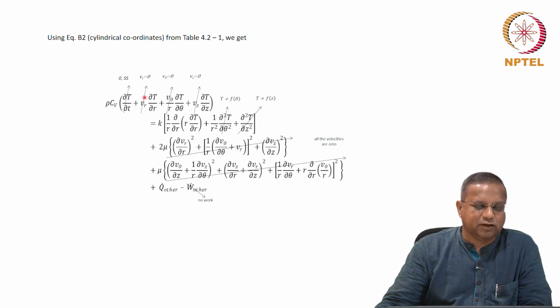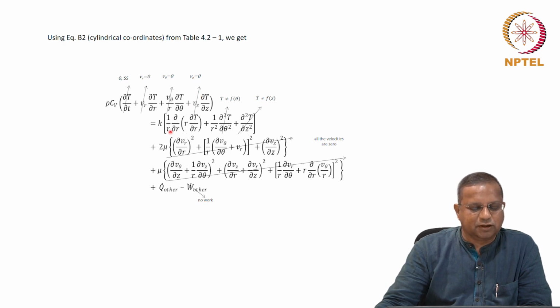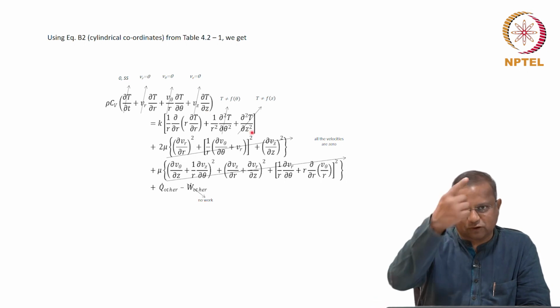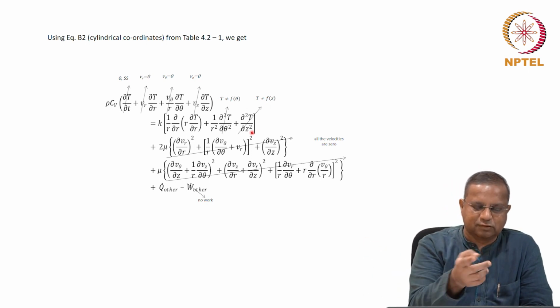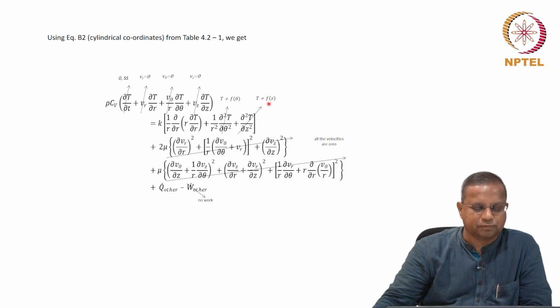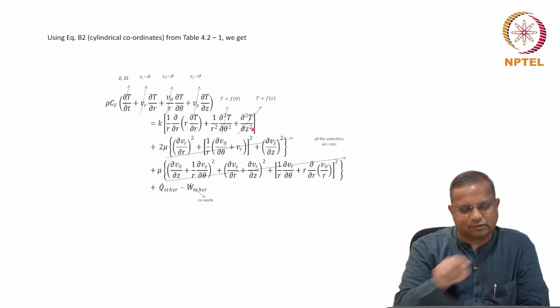Therefore, the Vr, V theta and Vz components can be blindly put to 0 wherever they occur. Here, of course, temperature varies with r, that's the whole point. Temperature does not vary with theta, there is angular symmetry. Temperature does not vary with z as mentioned in the problem. Or we can take the temperature not to depend on z, the axial distance.